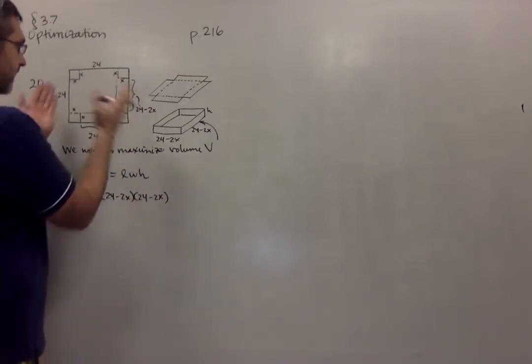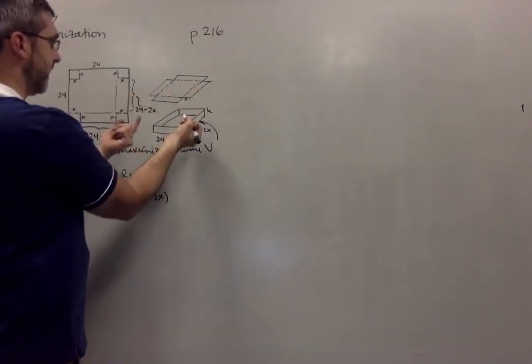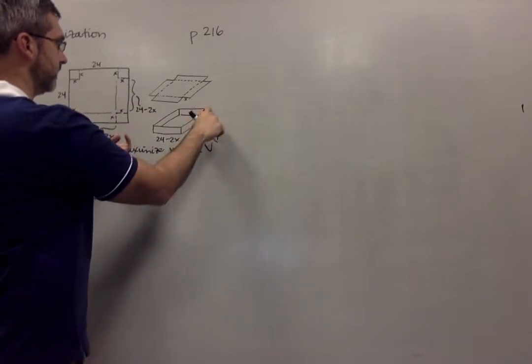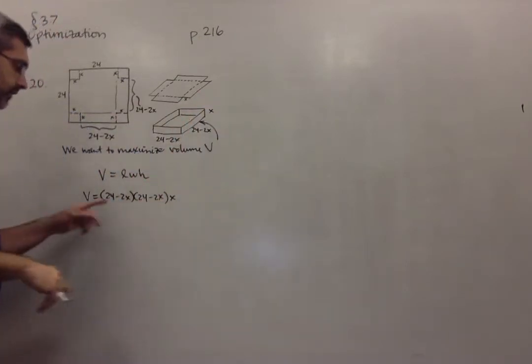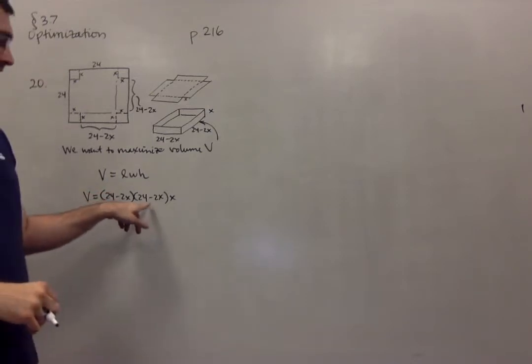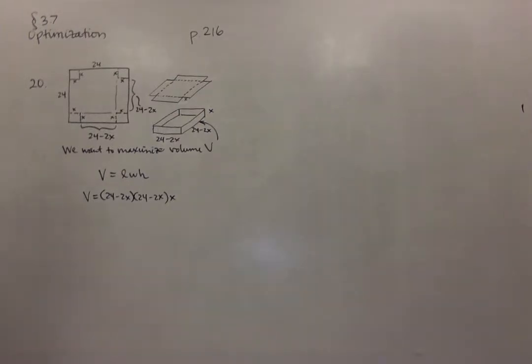Then the height is what I get when these sides fold up, but the side is just x, so when I fold it up, this height is just x. Okay, so I get 24 minus 2x, 24 minus 2x, and x. That's my volume, and that's what I want to maximize.